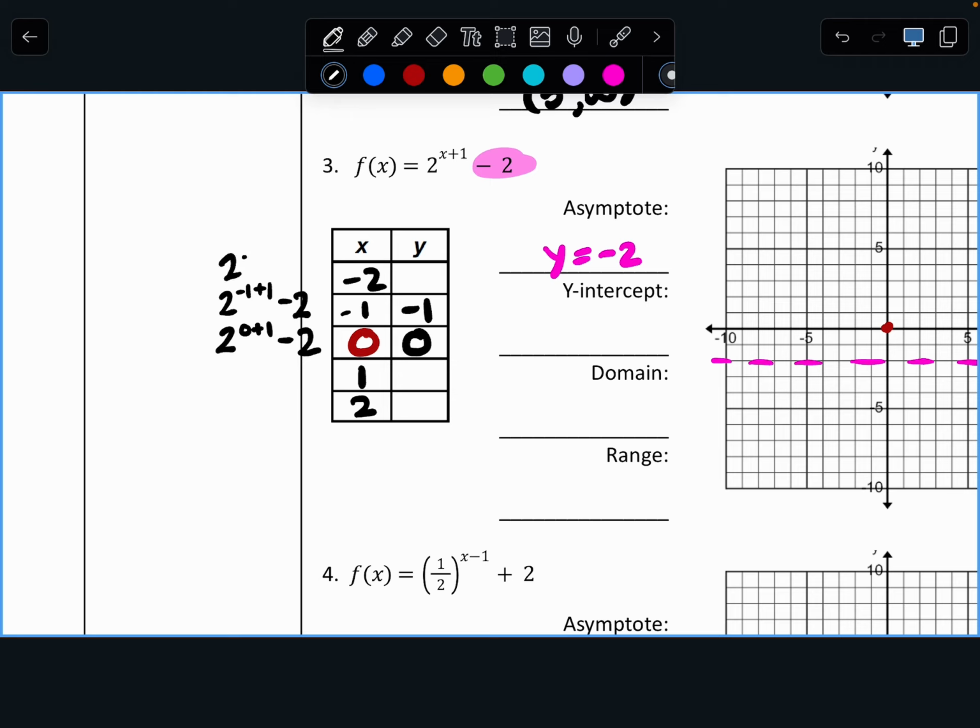And then 2 to the power of -2 plus 1 minus 2 gives me -1.5. 2 to the power of 1 plus 1 minus 2 is 2. And 2 to the power of 2 plus 1 minus 2 is 6.